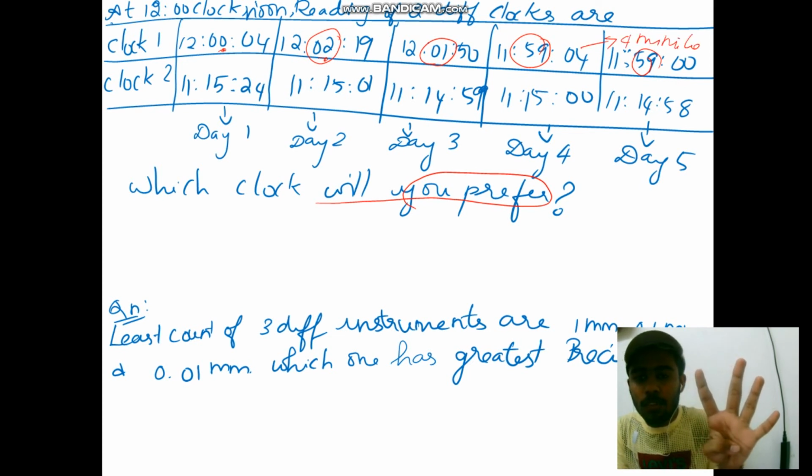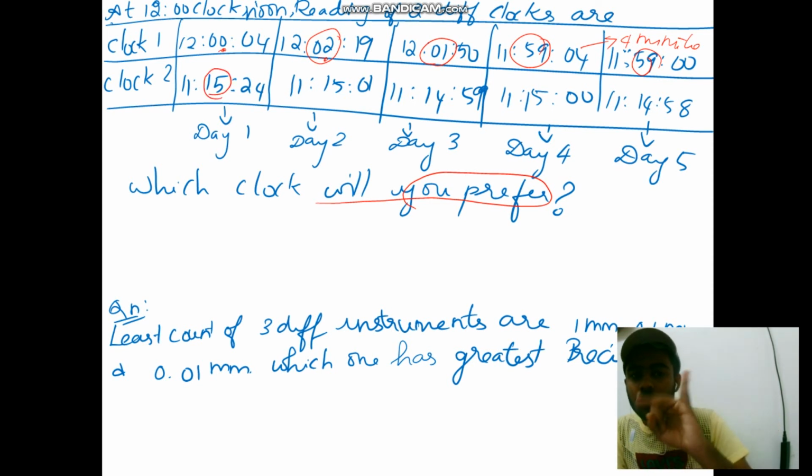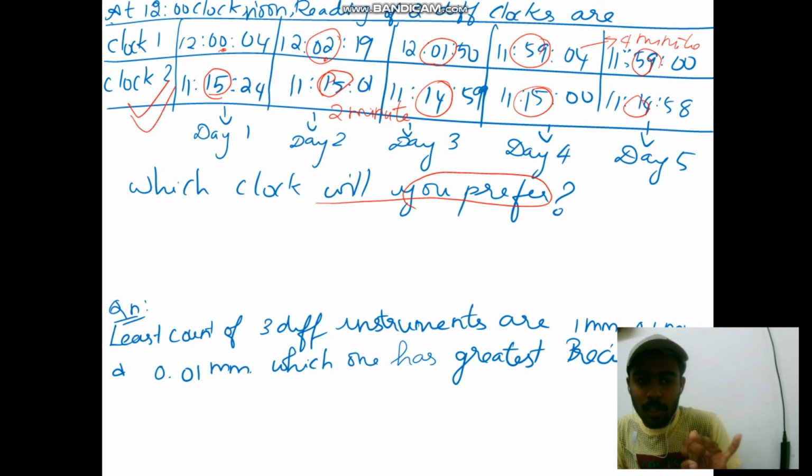If you see the other clock, it shows the 15th minute, 14th minute, 14th minute, so the range is only between the 14th and 15th minute, a range of 2 minutes. So we should prefer clock 2 only. If they ask like this, you do it this way: one clock differs by 4 minutes, the other by 2 minutes.